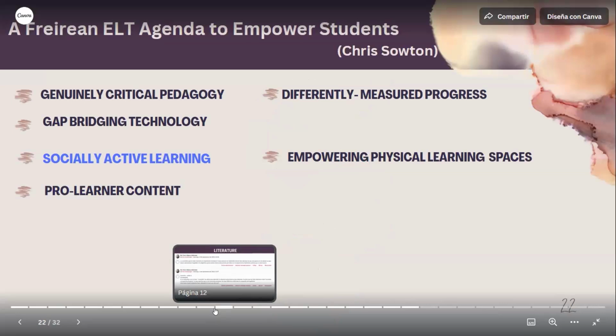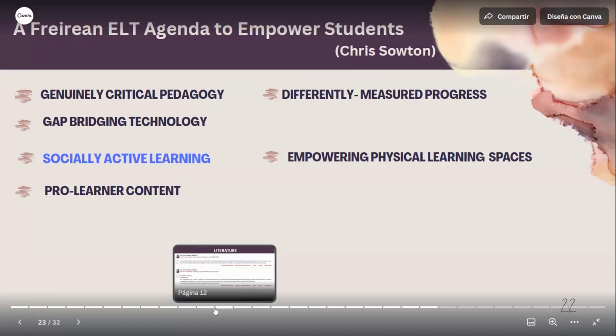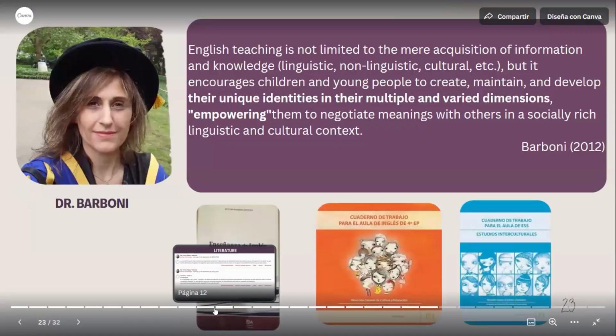I would like to focus on the one that is in blue that says socially active learning to move into the following. That is a colleague that I want to mention, talking about reflection and being active, right? As you can see. Let me see, where am I? Here we are. Okay.